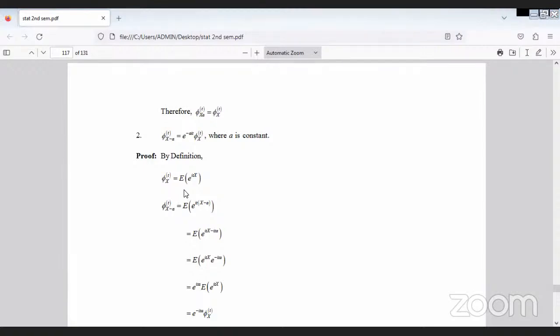Phi_X(t) is equal to E(e^(itX)). So phi_(X-a)(t) is E(e^(it(X-a))), that is E(e^(itX) e^(-ita)). I am doing multiplication. Clear? Yes, sir.